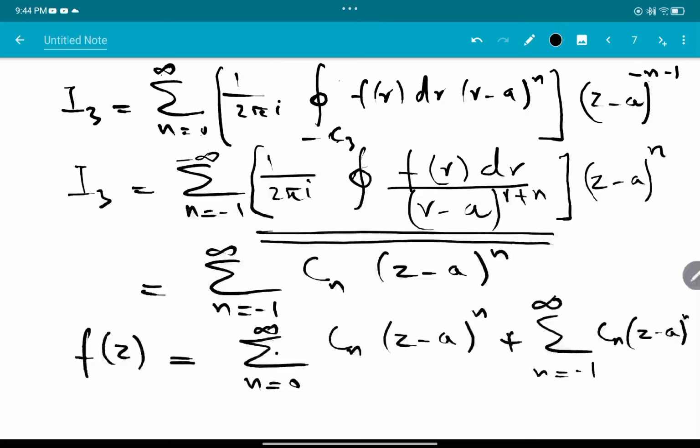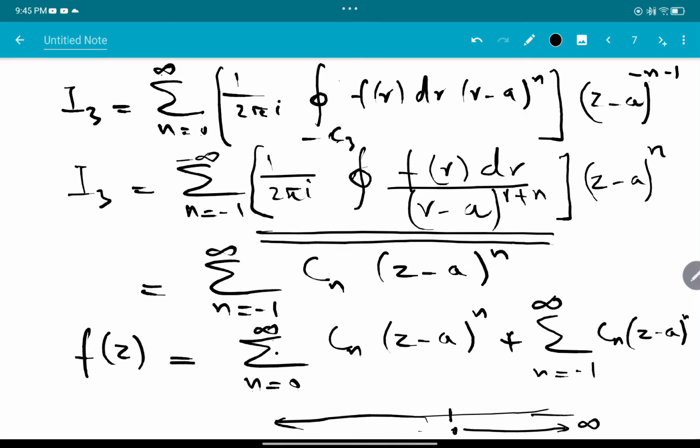But see, we have one interesting thing: one sum from 0 to infinity, and another from minus 1 to infinity.